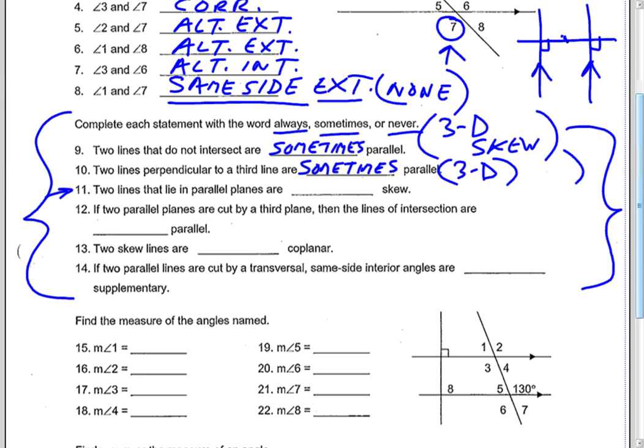Two lines that lie in parallel planes. I'm going to put sometimes. Well, let's think about some parallel planes. Let's look at the room. Back wall and the front wall, are they parallel? Let's place a line on this one. Let's make this a line.